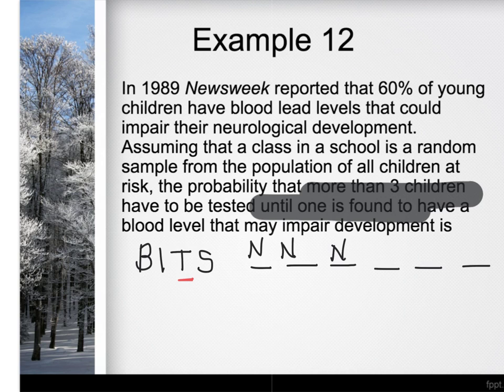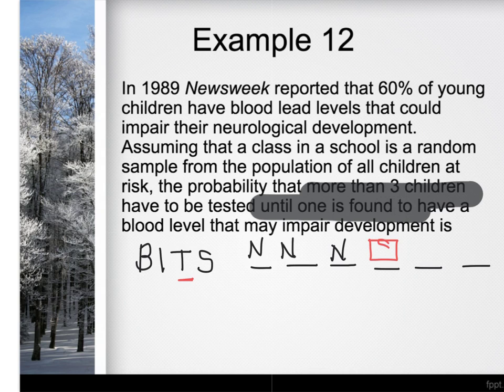So let's alter this question a little bit by first asking, what's the probability that it won't be until the 4th child in a sample, it won't be until we pick that child, that one is found to have blood levels that may impair development?